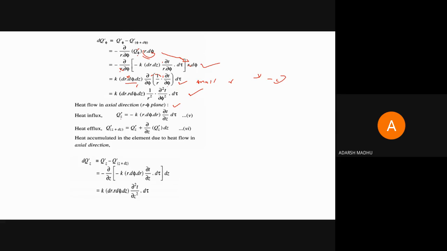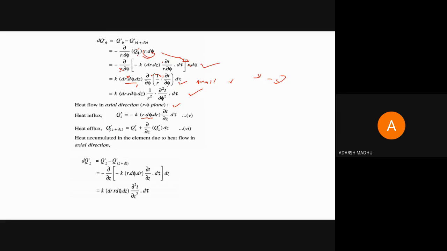For the r phi plane, we are designing the z. We have r, phi and z here. First for r, we have taken Q and z as the area. For phi, we have taken r and z as the area here, dr dz. And for the z axis, we are taking the next two thickness as area. The next two thickness is r d phi and dr.